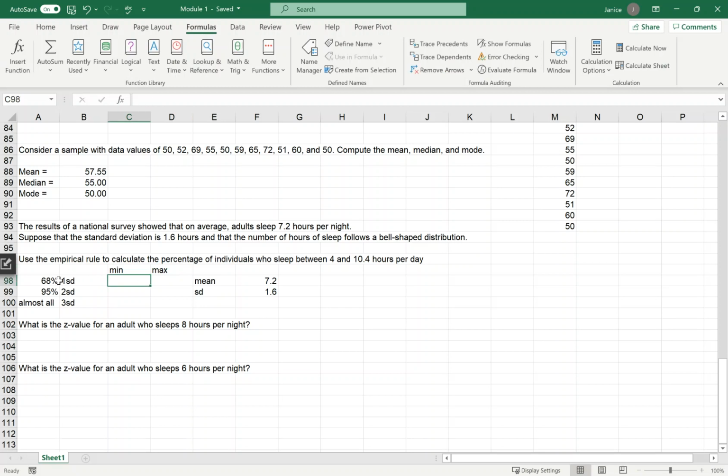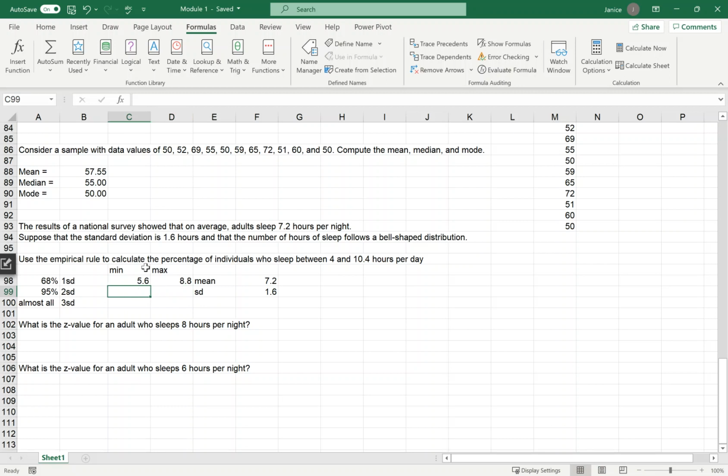If I wanted to look at this and say, okay, the minimum value on 68% would be the mean minus the standard deviation. And in this one, it would be the mean plus the standard deviation. Well, that isn't quite right because we're looking for between 4 and 10.4.